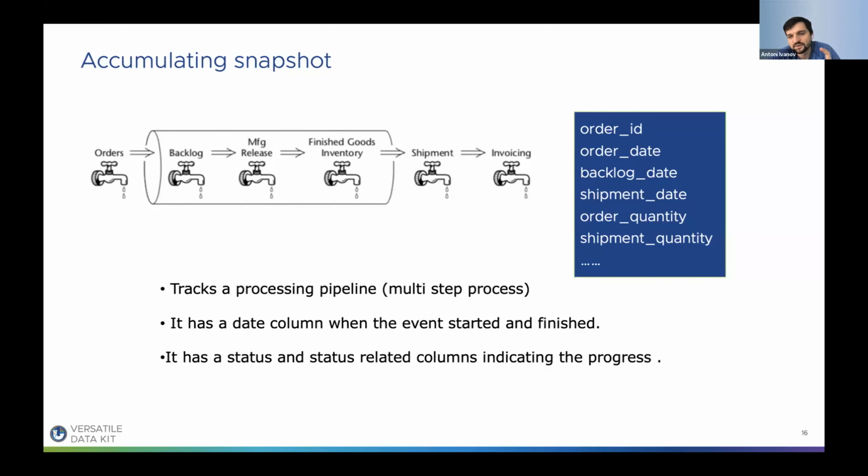You do it by having each row represent the single thing you want to track, in this case, the order. And you have a column for each of the steps. Usually, you can see in the blue box the dates for when different steps were completed, or you can also have the date that a step started and finished if you want to track it at that level. So order date, backlog date, shipment date, and so on. And you can have some order quantity, shipment quantity, and so on.